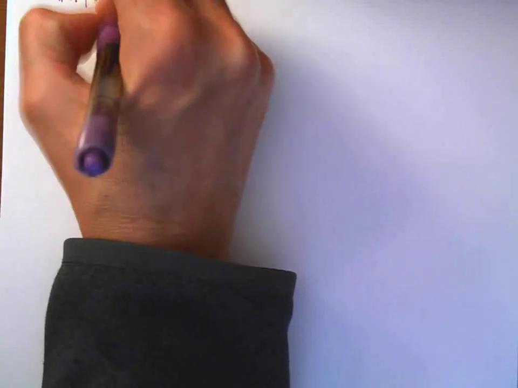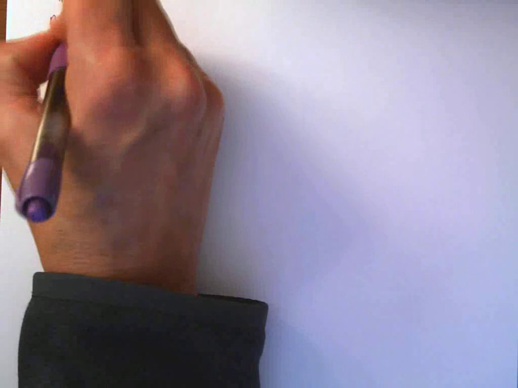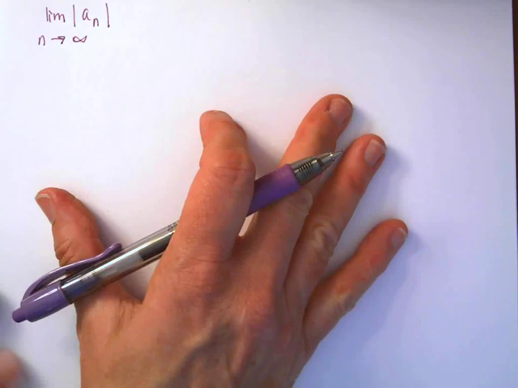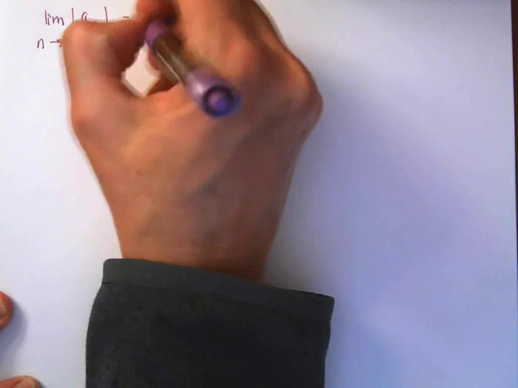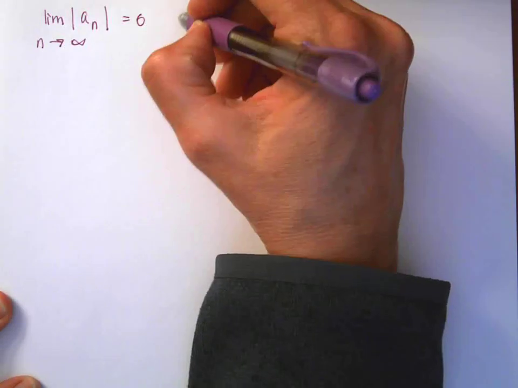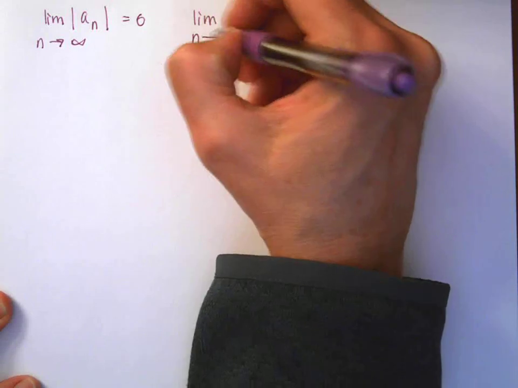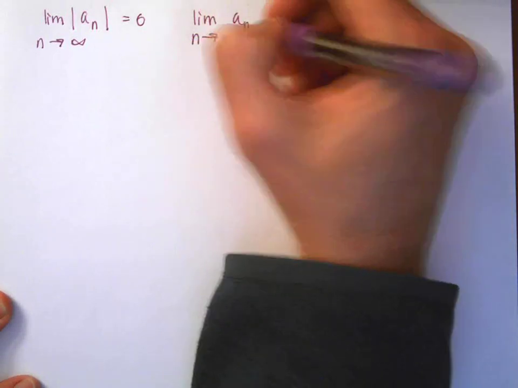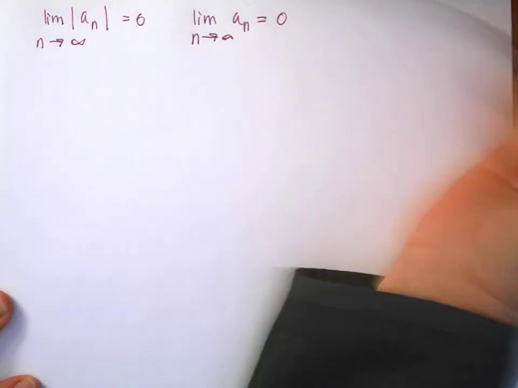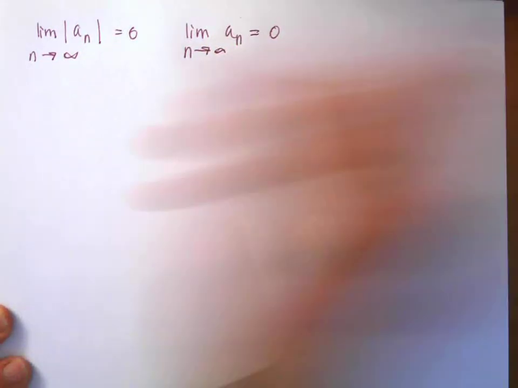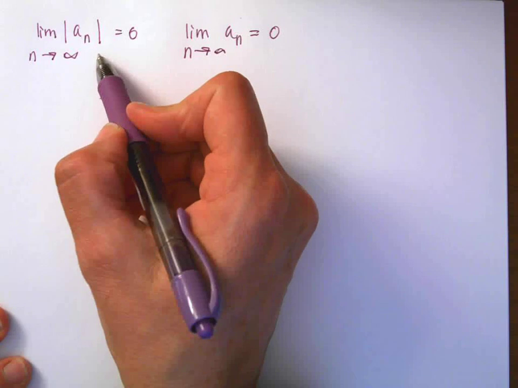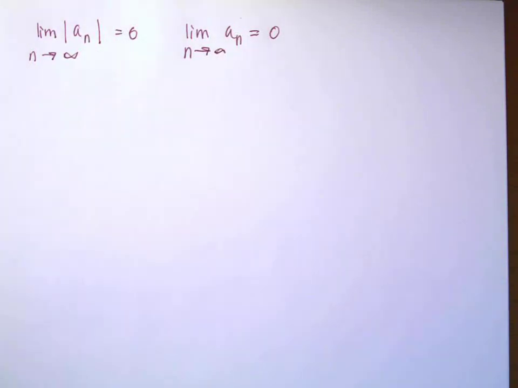So the limit of the absolute value of a sequence, which would no longer oscillate because I have a negative 1 raised to a power, is equal to 0. So then the limit of a sub n as n approaches infinity is also going to be 0. Alrighty, and this would be an application of the squeeze theorem.